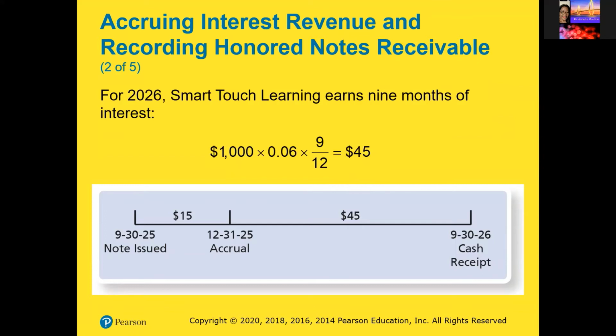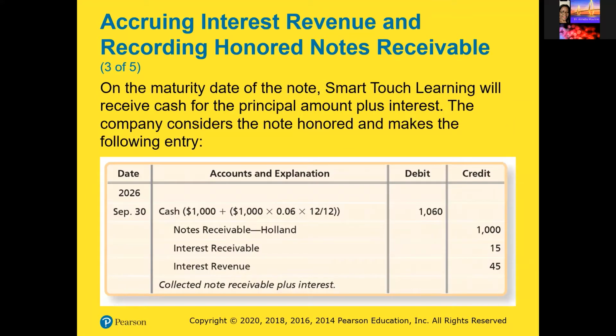So on the maturity date of the note, Smart Touch Learning will receive cash for the principal amount plus the interest. On the maturity date, it will receive cash for the amount of $1,000 plus the $60 interest.